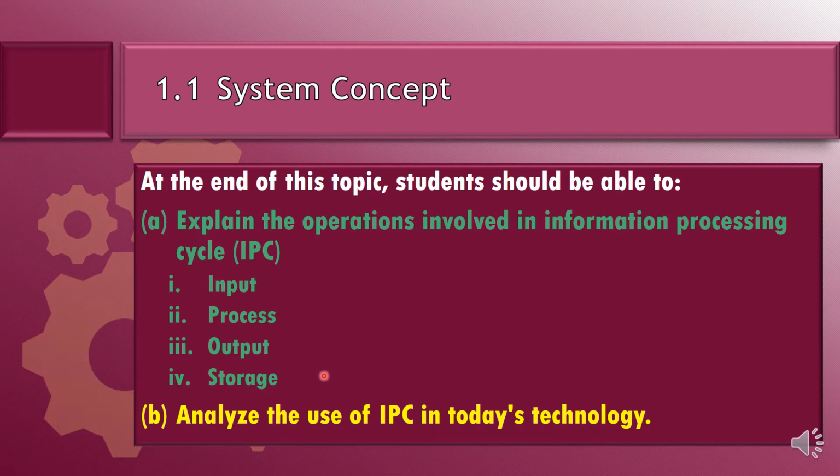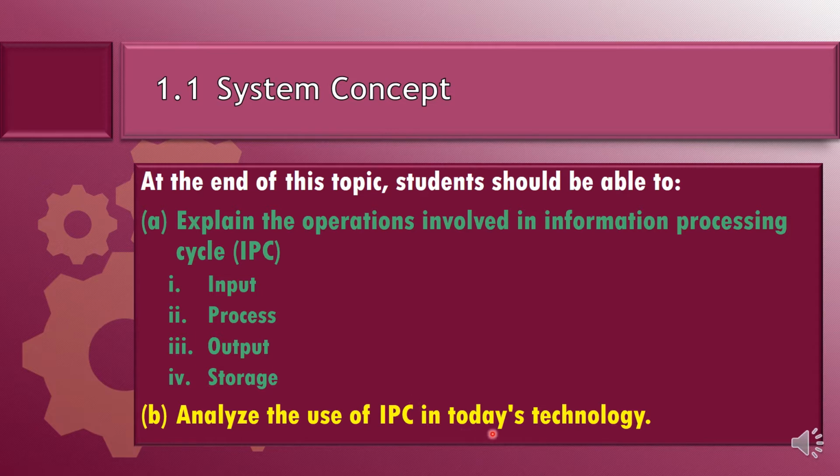So next, we are going to look at the second learning outcome, where you should be able to analyze the use of IPC in today's technology. For this learning outcome, you should be able to relate the latest technology that we have around us with the IPC that you have learned before.